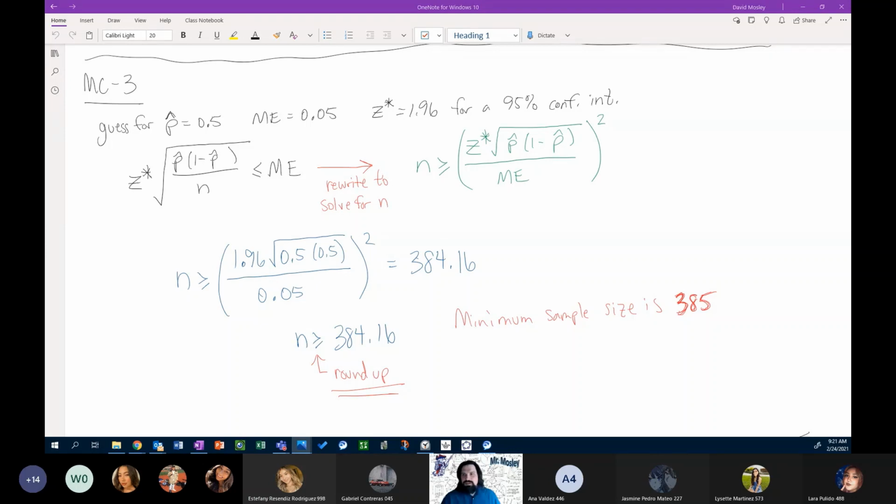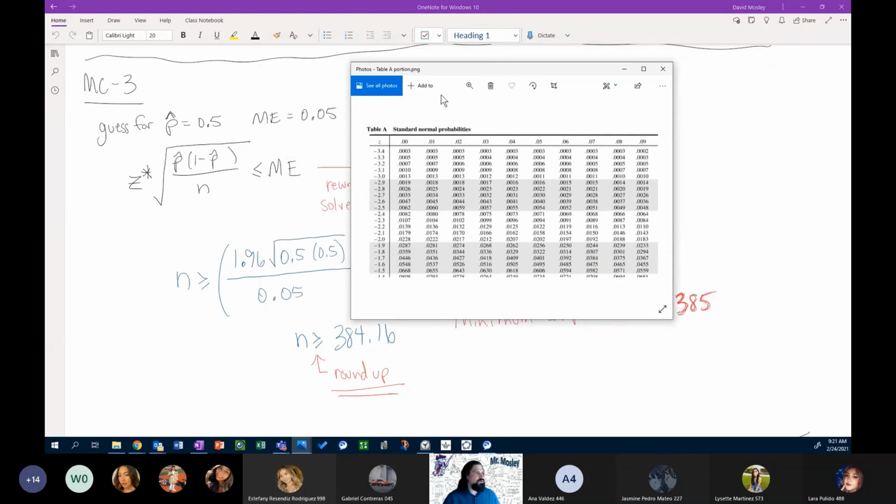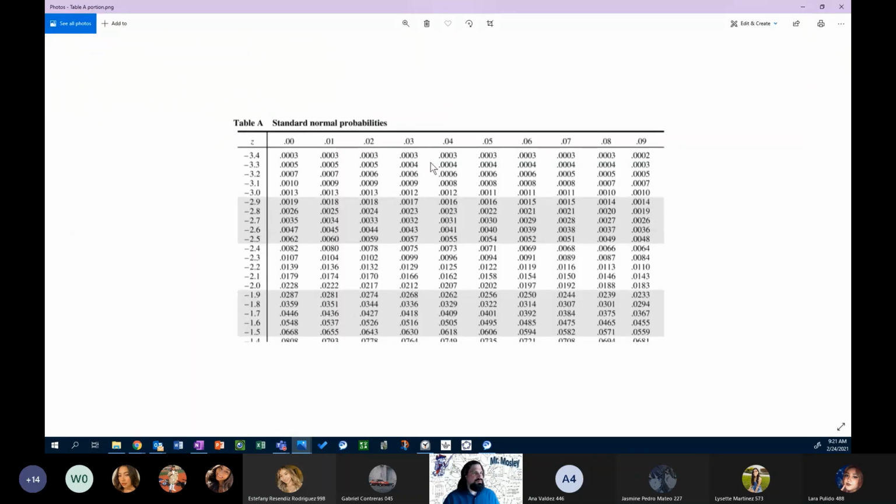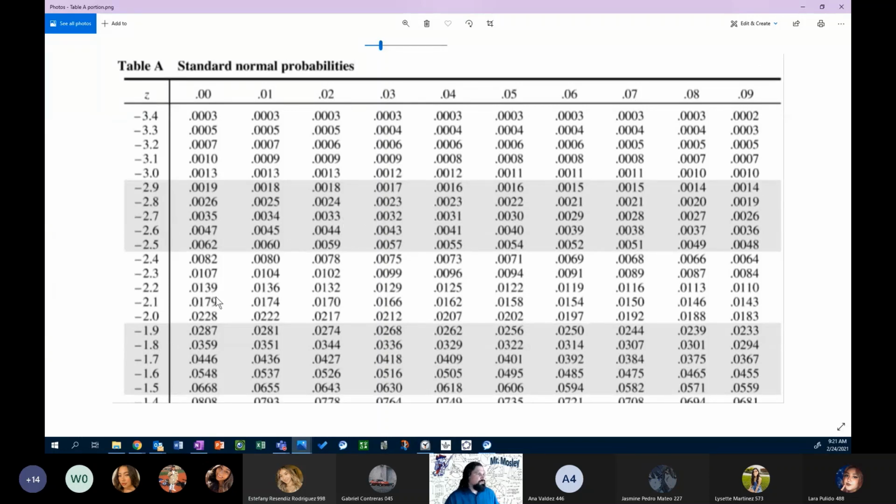I have just a little portion of table A here. So with a 95% confidence interval, I have 2.5% on each tail, right? So on table A, I look on the interior for 0.025, which is 2.5%, right?